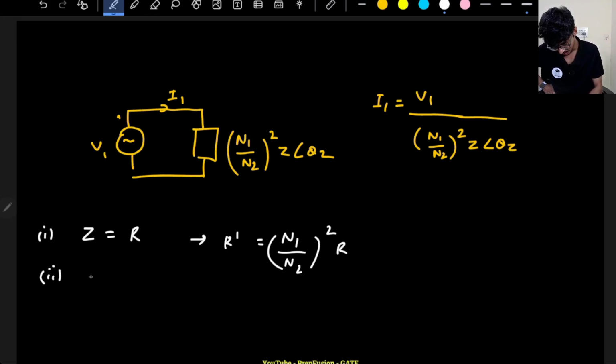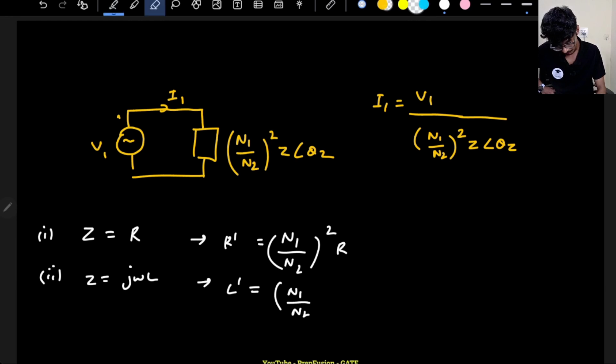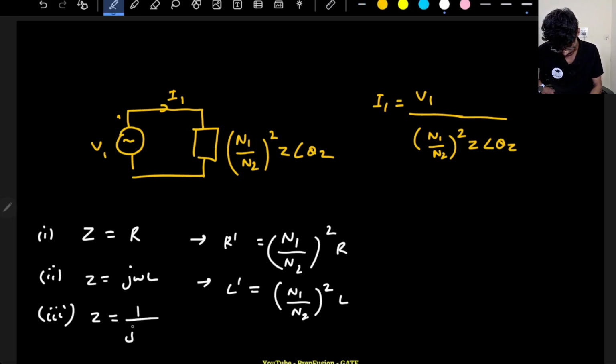Point 2 is, if my impedance is an inductance, that is j omega L, my referred inductance will be N1 divided by N2 whole square into L. Now if my impedance is a capacitance, Z is equal to 1 by j omega C. So will my referred capacitance be N1 by N2 whole square into C?